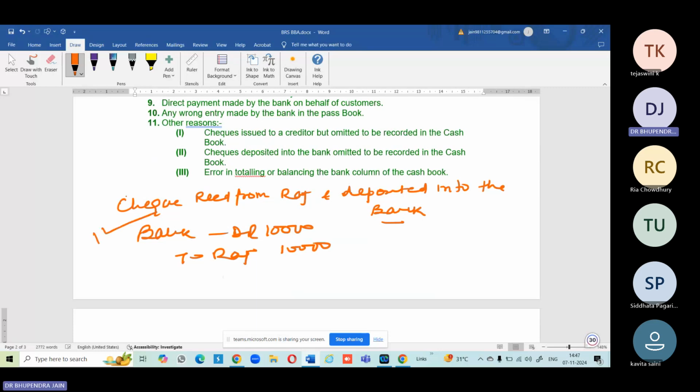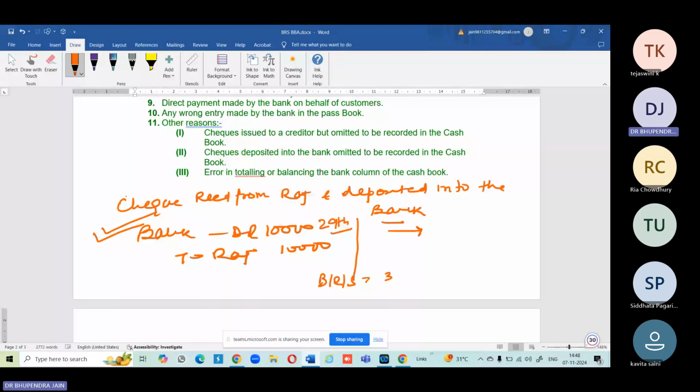So now you have recorded the entry in your books of account. Whenever you receive the check, you have to deposit it into the bank, and after the deposit the amount will be credited in your bank account. Suppose the date is 29th of October, and you are going to prepare the BRS on 30th October.